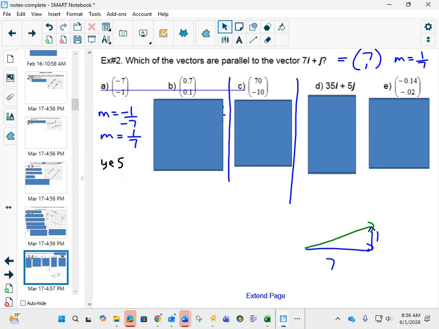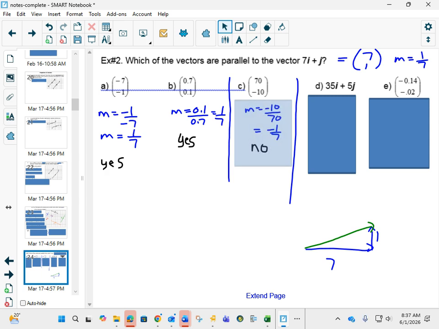So for example, this one, you could take -1 divided by -7, and that would have a slope of 1/7. 0.1 over 0.7 would also have a slope of 1/7. -10 over 70 would have a slope of -1/7.